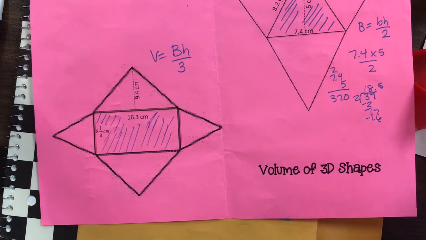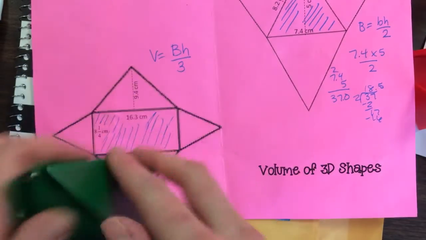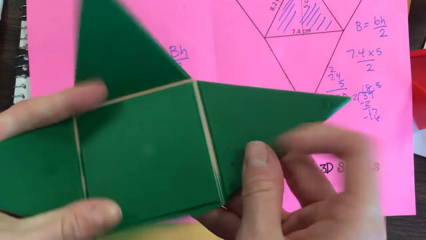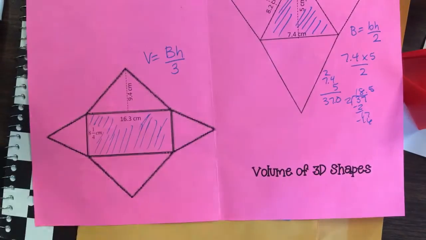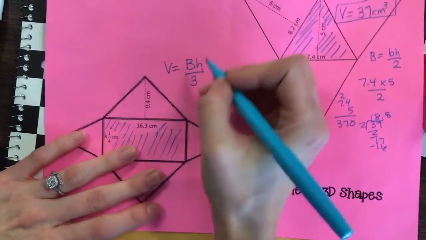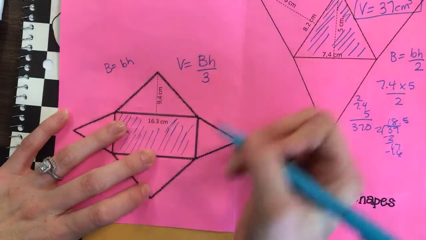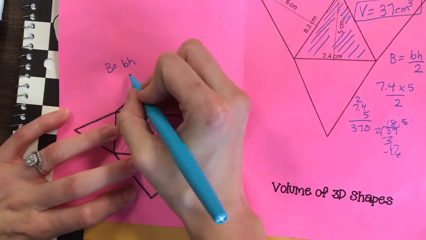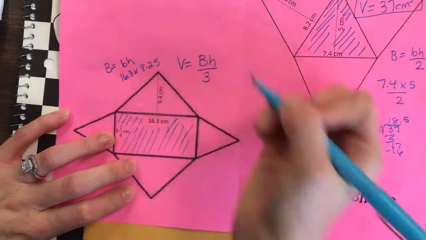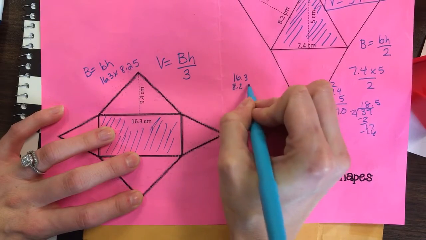So if we look at the 3D version of that, a little bit off, but pretty similar. My base here is more of a rectangle, but same idea, okay? So that's what it's gonna sit on, so that means that's my base. So area of the base, capital B, since my base is a rectangle, I would just do base times height. So 16.3 times 8.25.